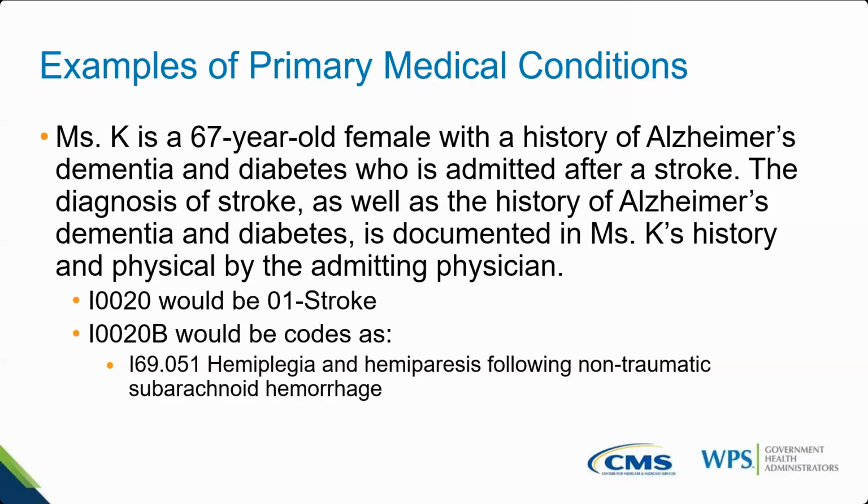So medical record sources for the physician diagnoses include progress notes, the most recent history and physical, transfer documents, discharge summaries, a list of diagnoses and problems, and any other resources that are available.